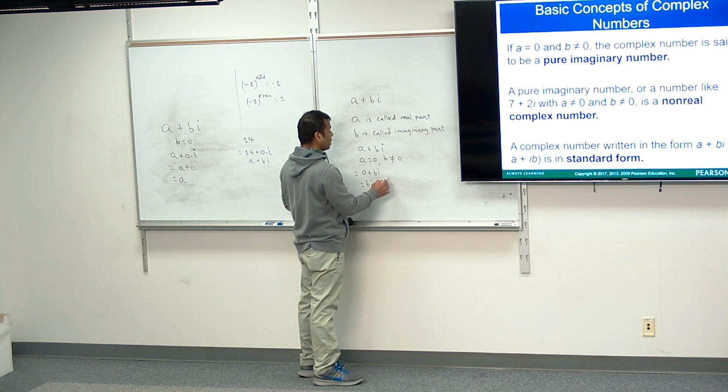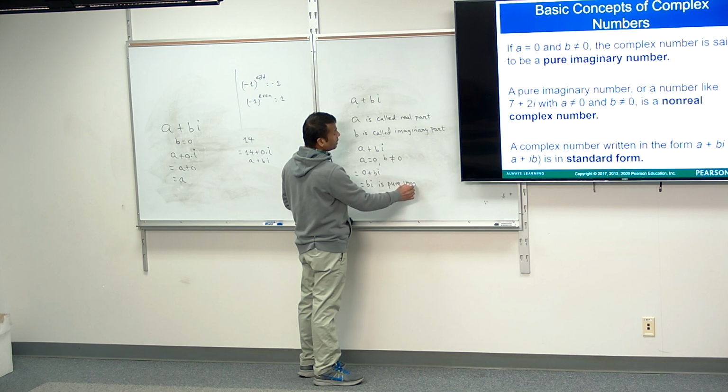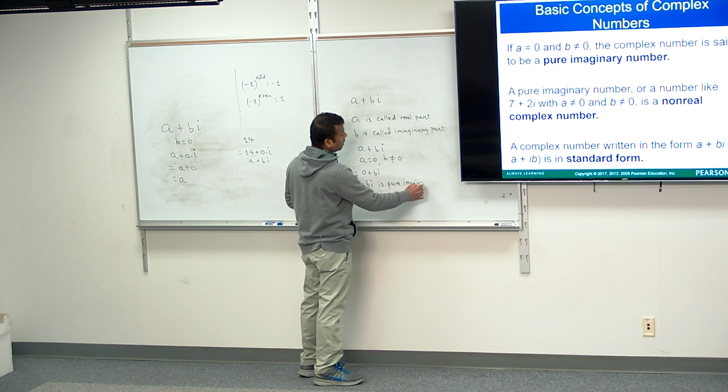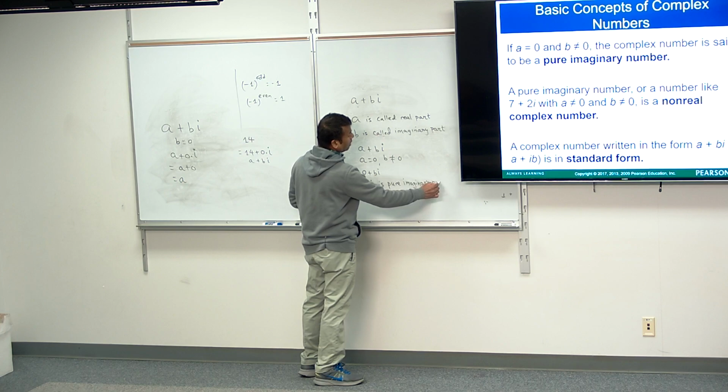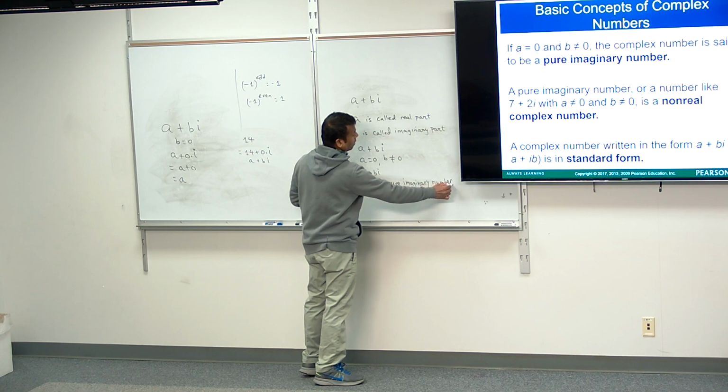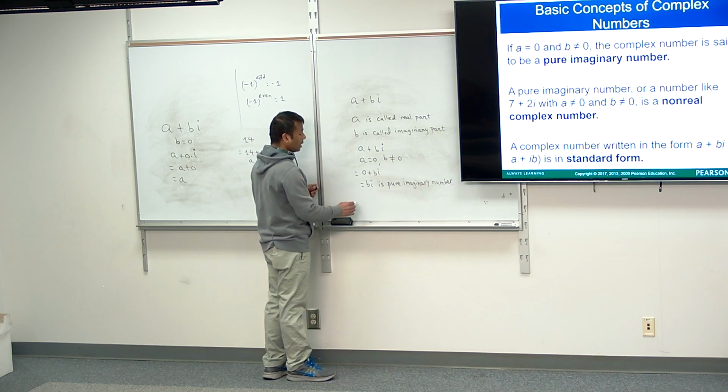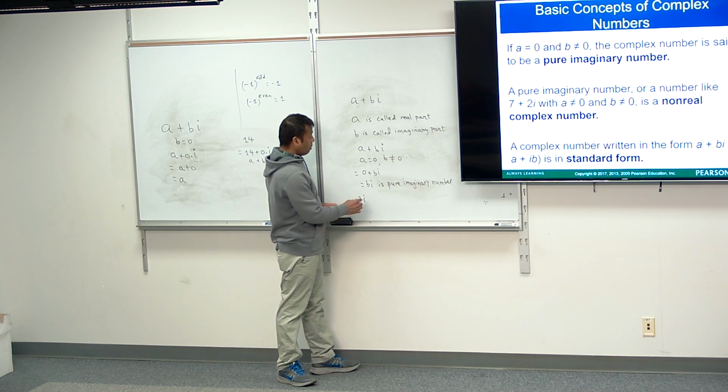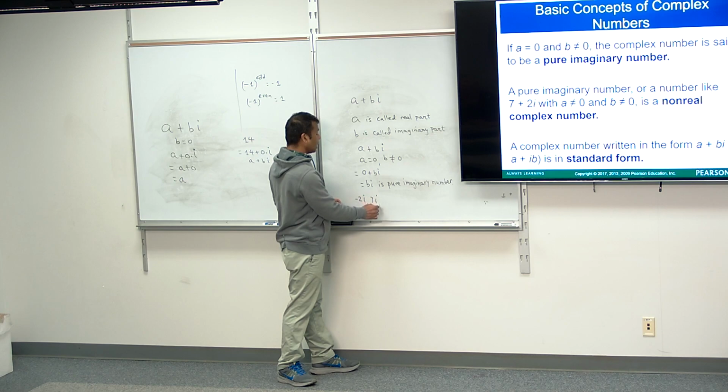BI is a pure imaginary number. So like for example, look here, negative 2i, positive 7i, negative i, 3i.